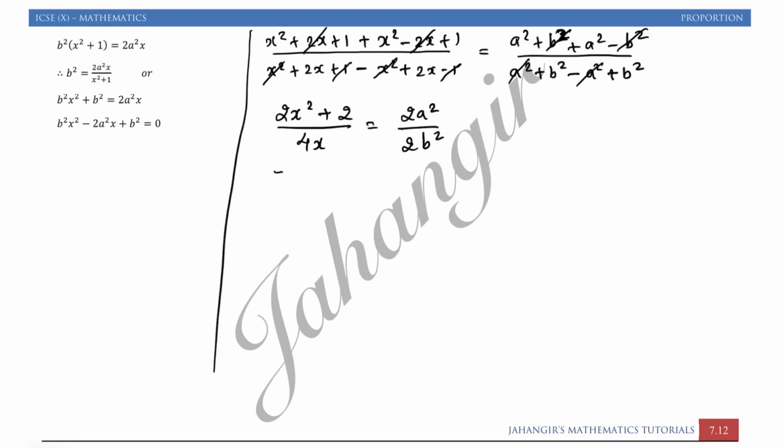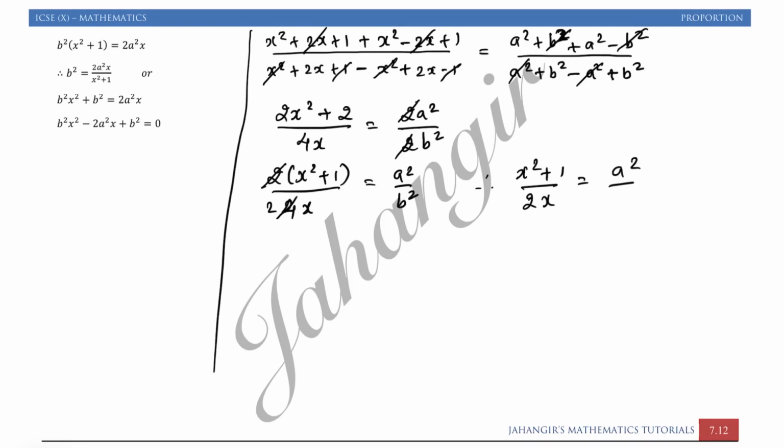So taking out 2 common from this, (x square plus 1) upon 4x. 2 will get cancelled, a square by b square, cancelling out the 2s. So whatever I am getting, I will write it down here: (x square plus 1) upon 2x is equal to a square by b square.